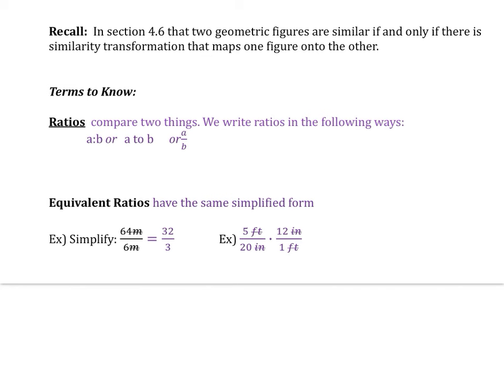Then you're left with simplifying your numbers. So 5 times 12 becomes 60 in the numerator, and 20 times 1 becomes 20 in the denominator. And then 60 and 20 both have a 10 in common. Actually, more than that, a 20 in common. So 60 divided by 20 becomes 3, and 20 divided by 20 becomes 1. So 3 divided by 1 is as simple as it gets.